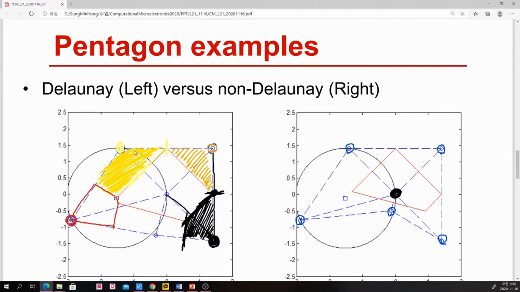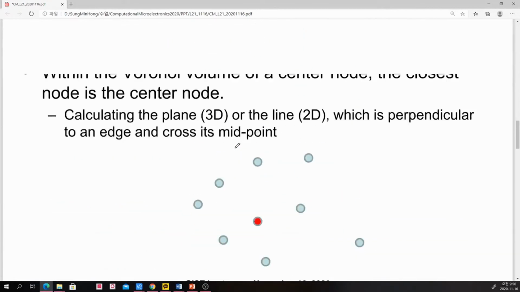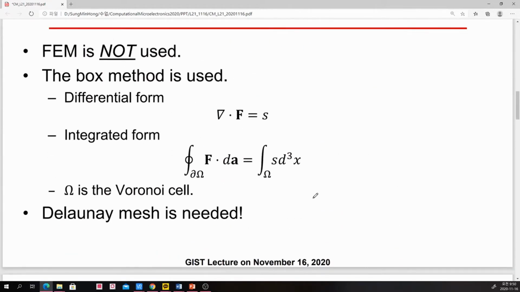Now you understand, this way we can decompose our entire area, the two-dimensional plane, into many Voronoi cells, and each of them belongs to each node. So now we can calculate the equation shown in this form without any ambiguity.